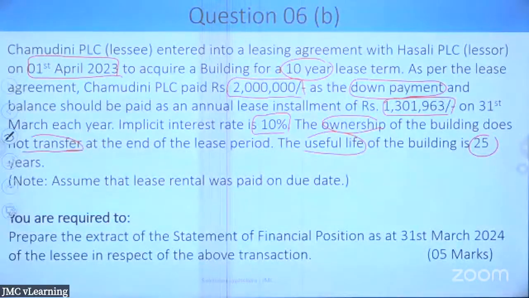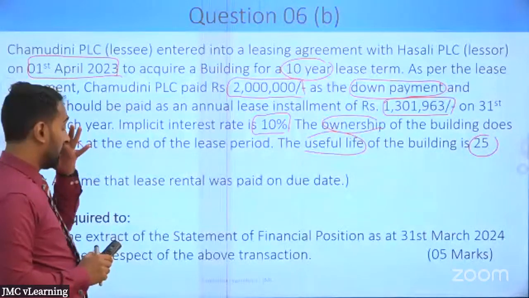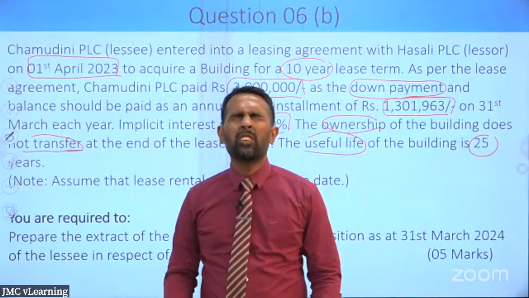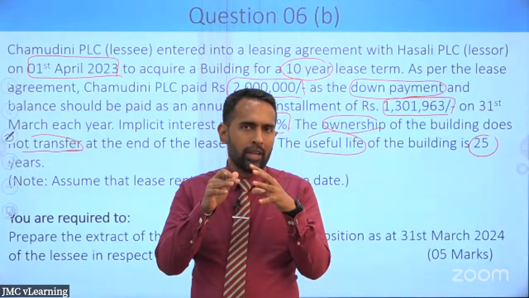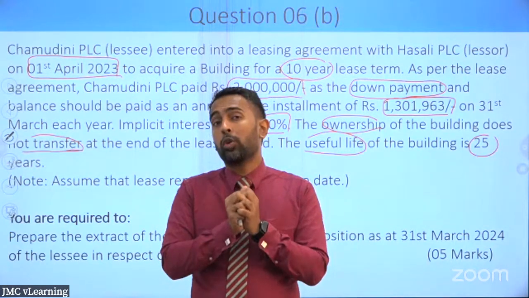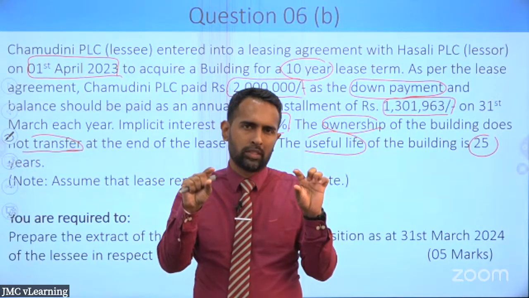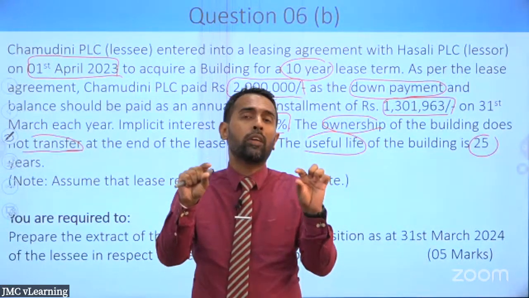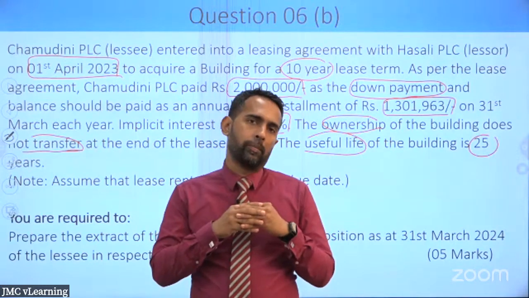Right. Okay. So this is the leasing question. Now, in this question, they have not provided you the present value of the lease. You know that when we are trying to account for the leasing, you need to have the present value of the lease installments, in other words, the initial lease liability. If it is not given, you are supposed to calculate. How are you going to calculate?